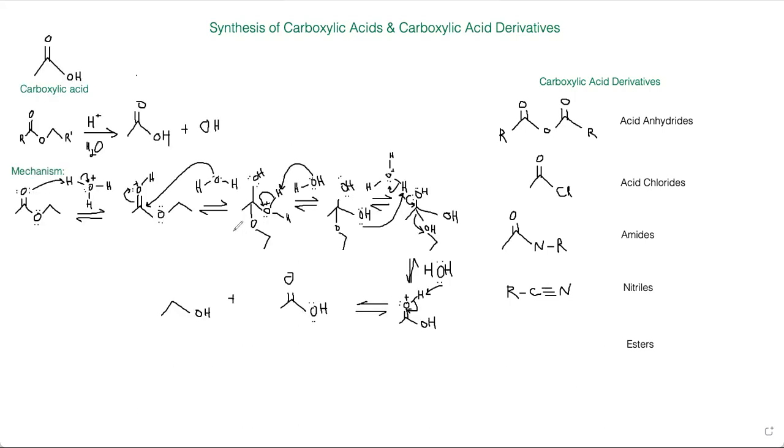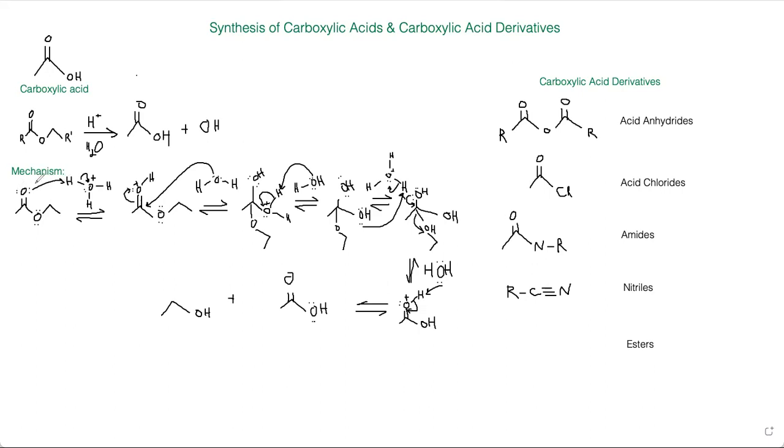So now that we have the mechanism all drawn out for the hydrolysis of esters to form carboxylic acids, we'll walk through the mechanism quickly. So first step here is the protonation of the oxygen atom at the top of that ester.